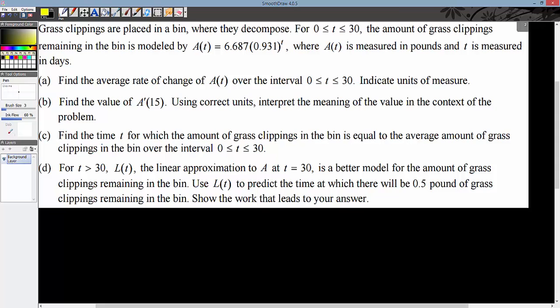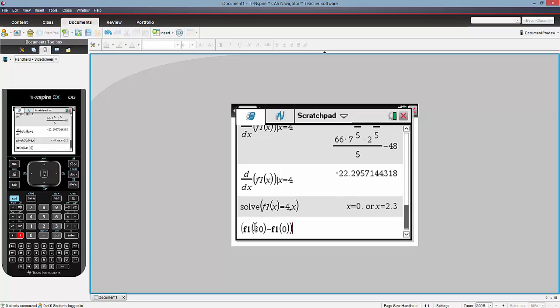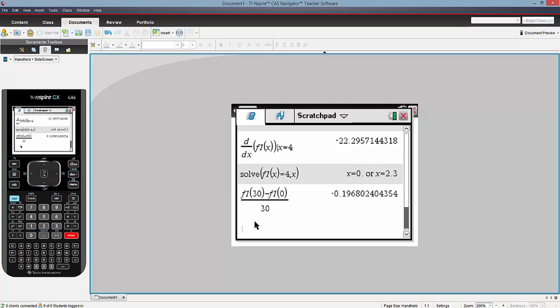So if we just said, okay, well, A of 30 minus A of 0 all over 30 minus 0, and punch that into our calculator, we would get what we need. So I'm going to say f1 of 30 minus f1 of 0, and I'm going to close off those parentheses, and if I divide that by 30, I get that answer.